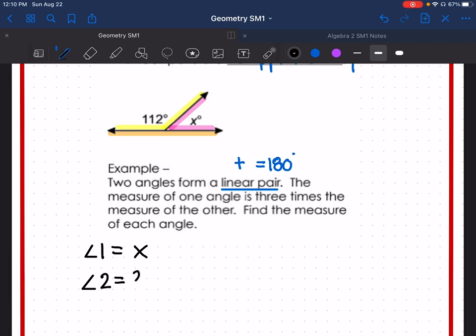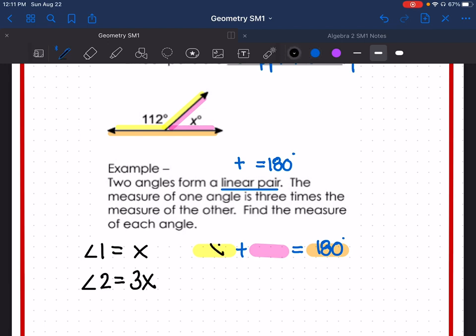So if I'm going to show 3 times, I'm going to show 3 times X. The rule says the yellow plus the pink equals 180 degrees.